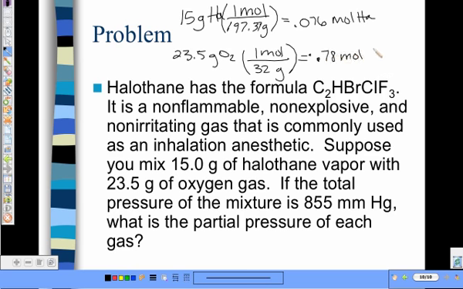Yep. Now what? Yeah, 0.73. Now we've got to find the total number of moles. So n_t, what would n_t be?